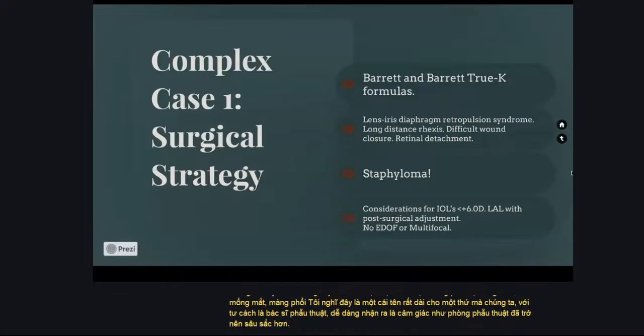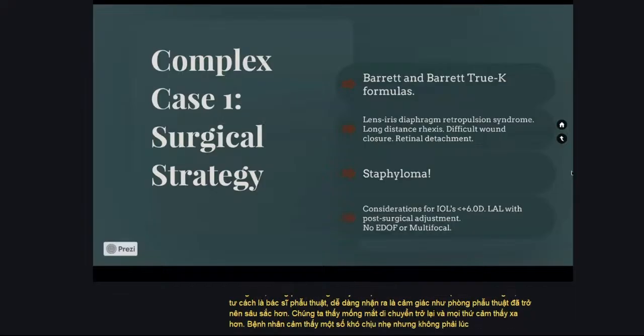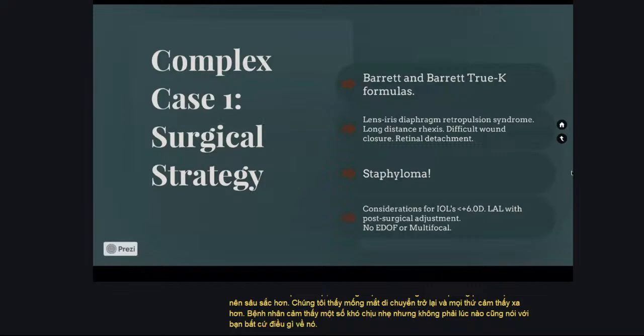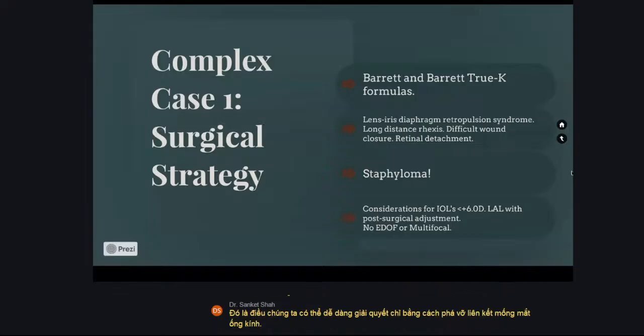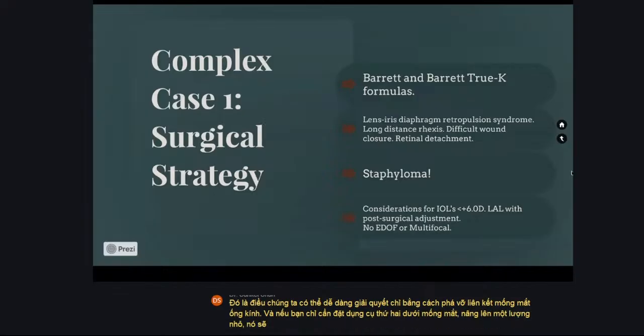We see the iris move back and everything feels further away. The patient feels some mild discomfort but doesn't always tell you anything about it. It's something we can easily address just by breaking that lens iris bond. And if you just place your second instrument under the iris, lift up a small amount, it re-equilibrates the chambers and gets everything to resume back to normal.